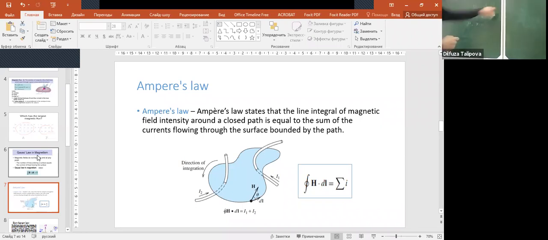And here H is the magnetic field intensity, and B, you know, is the magnetic field.